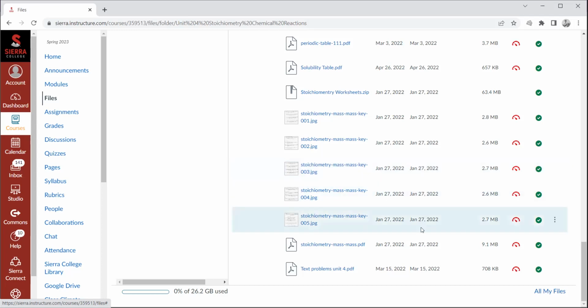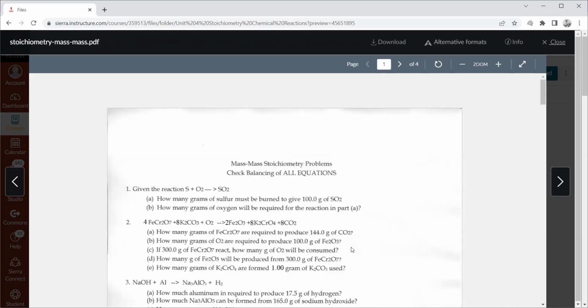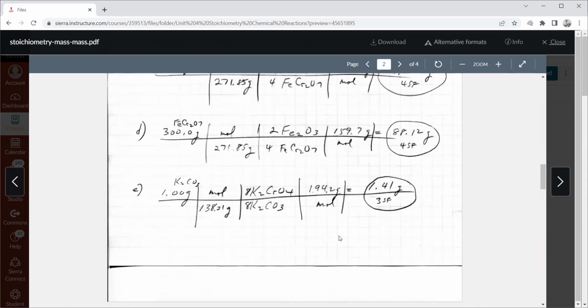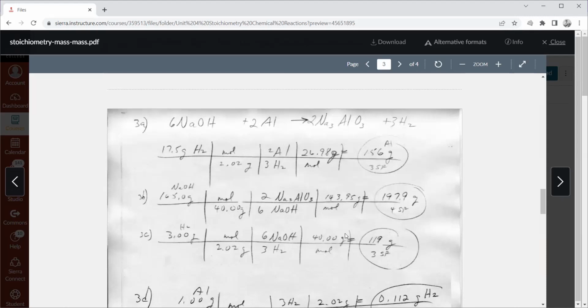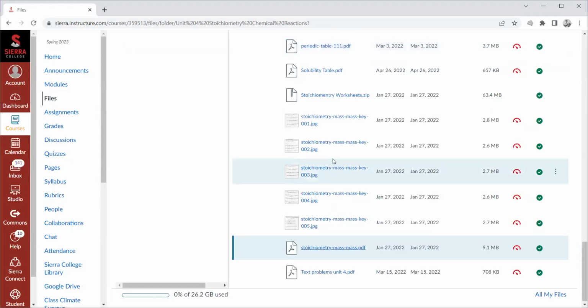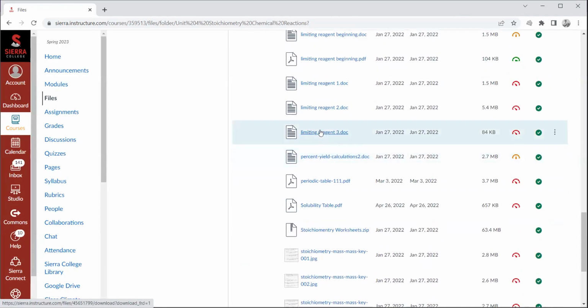For example, here are all the answers, and the limiting reagent ones.